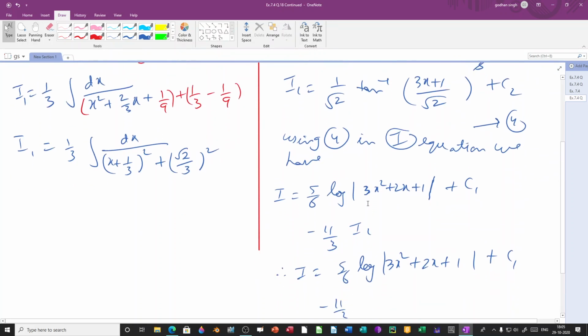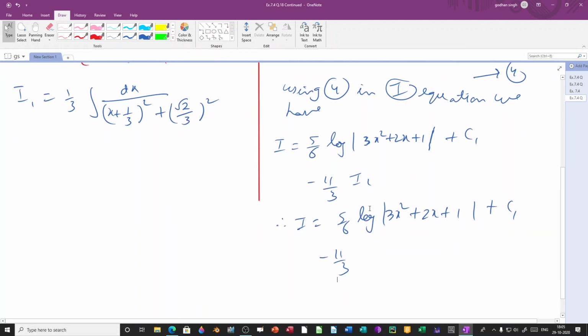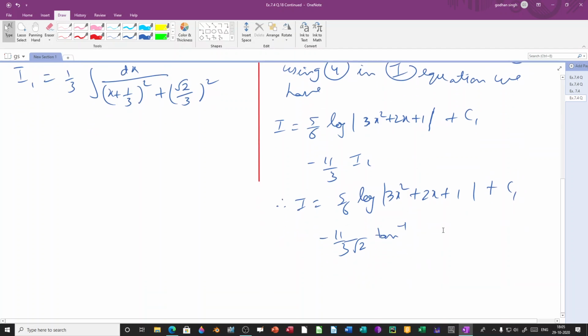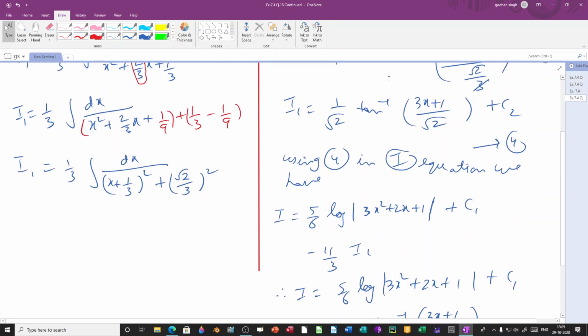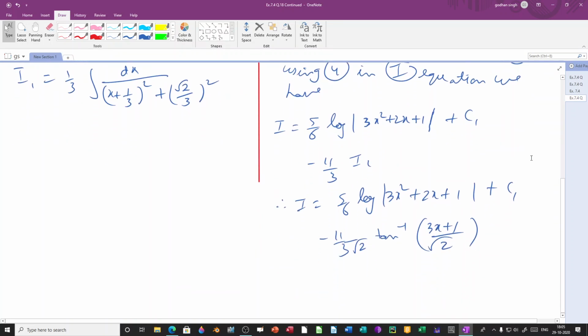I1 is from here 1 by root 2, so minus 11 by 3 root 2 we can write, and tan inverse 3x plus 1 over root 2, and we have taken this as C2, so plus C2 into, and with this minus 11 by 3 is there, so minus 11 by 3.